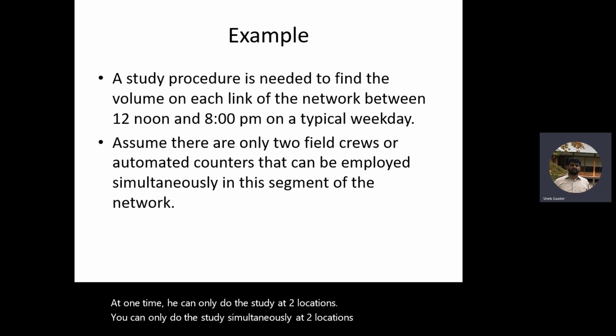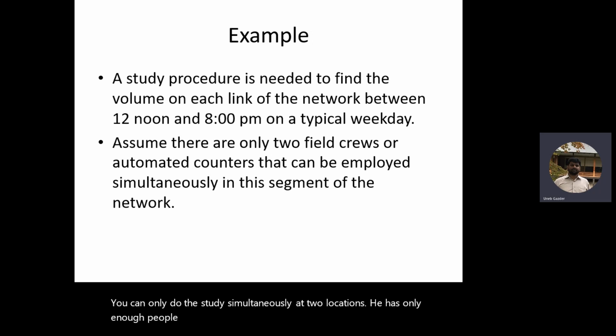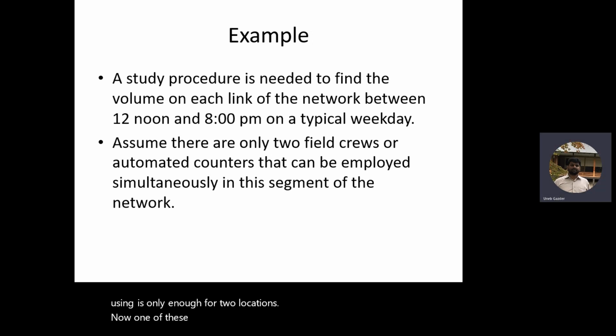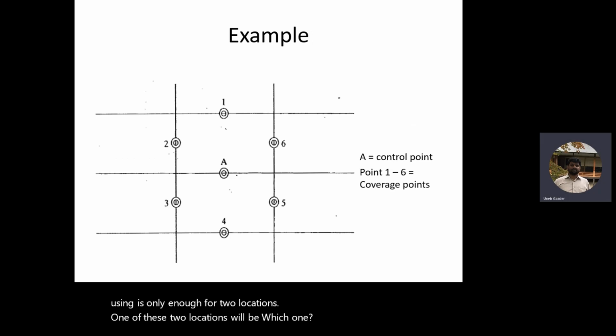He has only enough people or enough devices for 2 locations. Now, one of these 2 locations will be which one? Control. Well, you said what? Control is required for the full time, right? So one team is busy. I cannot take them out because the data is for full time.